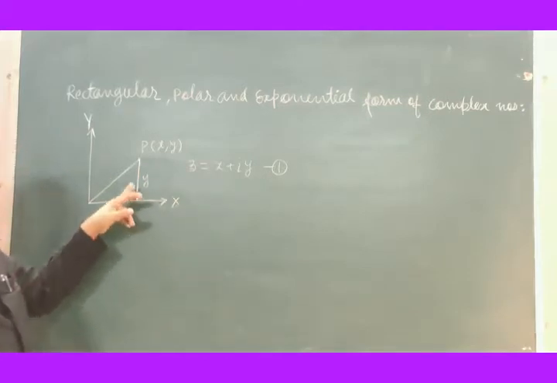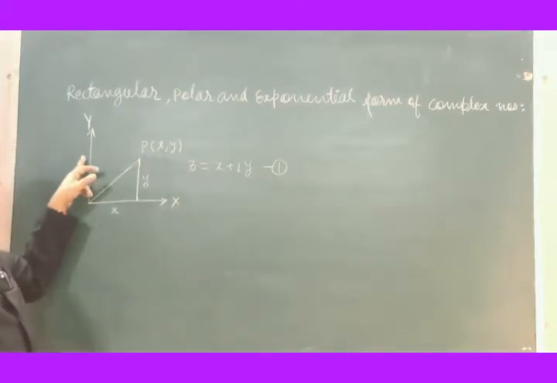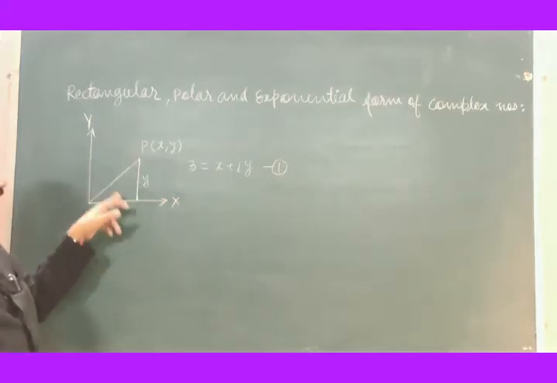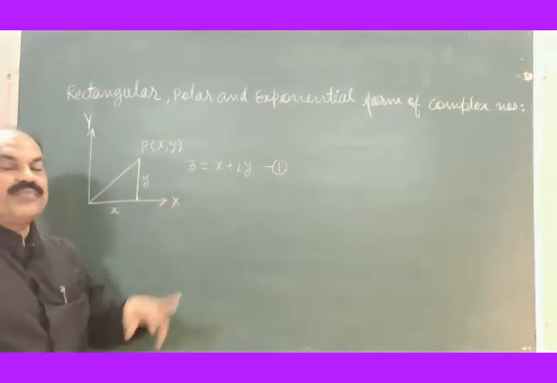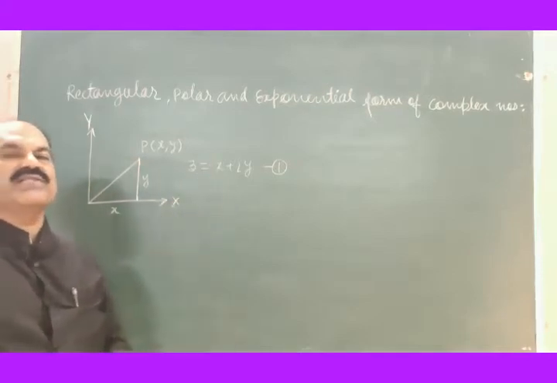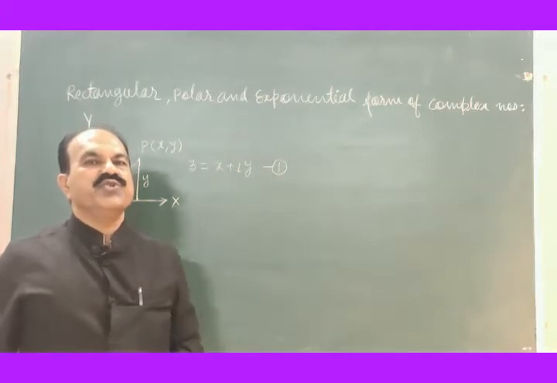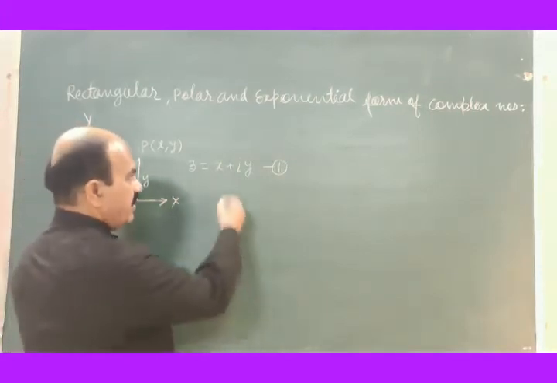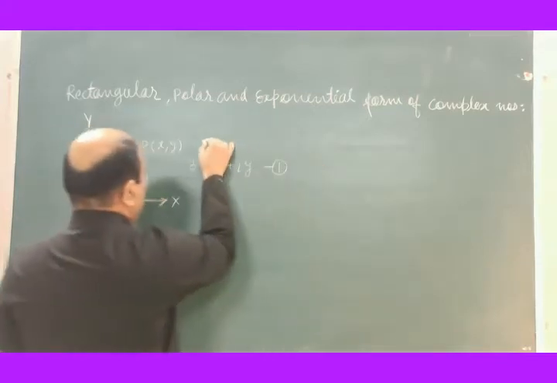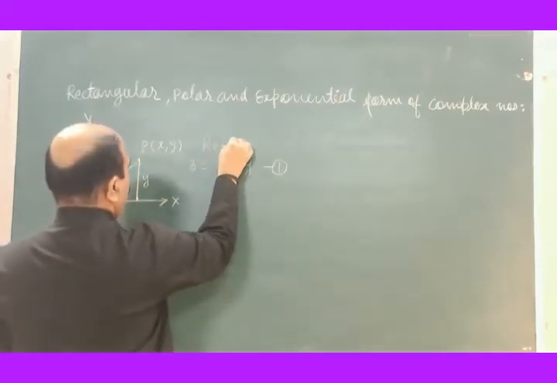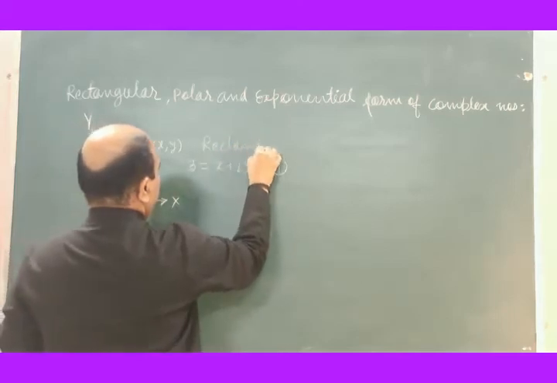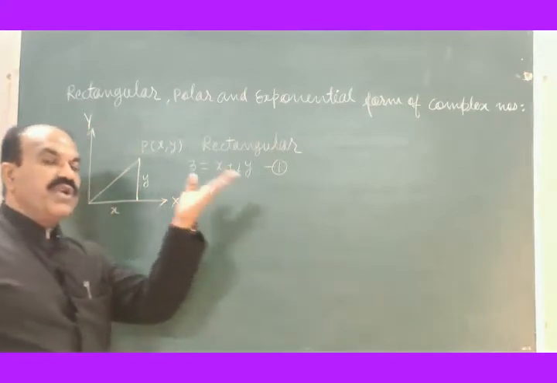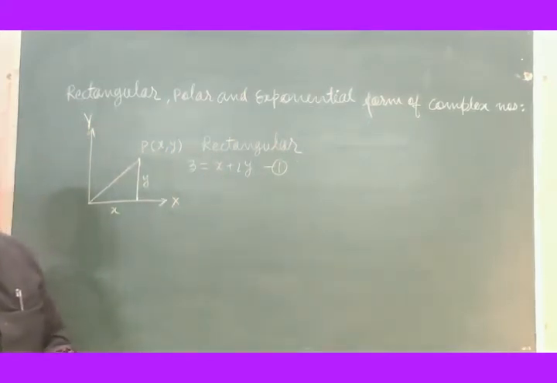Because x is the perpendicular distance of point P from the y axis, and y is the perpendicular distance of point P from the x axis, and therefore this form of complex number, x plus iy, is known as the rectangular form of complex numbers.